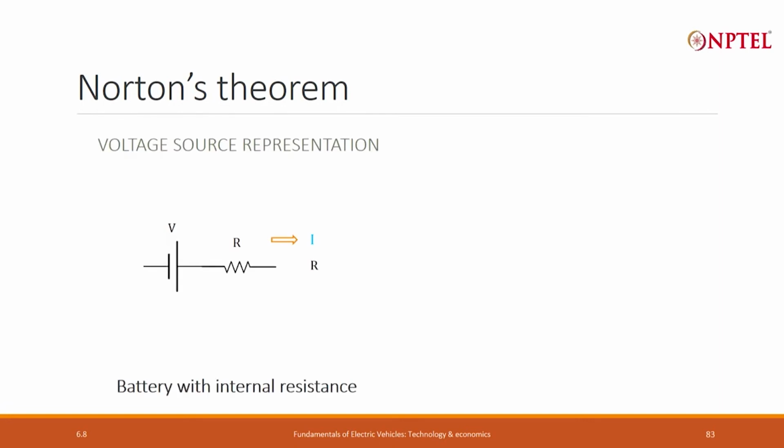Normally when there is a battery, the battery is a voltage source, it also has an internal resistance, and the way we represent it in a circuit diagram is separately as a battery with no internal resistance, and then in series with it we show what the internal resistance is. So, the battery is represented with 0 internal resistance, and then to account for the internal resistance we connect the internal resistance in series with the battery.